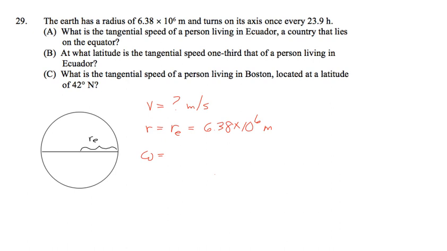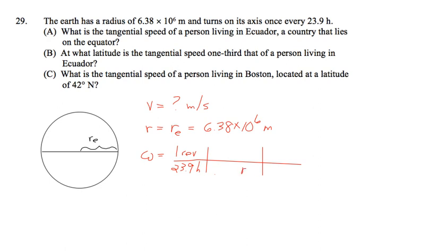So the omega in this problem, well, they're saying that the Earth turns on its axis once every 23.9 hours, which, we usually would just use 24 hours, but we'll use the number that they say here. So we're saying 1 rev every 23.9 hours, and we want to get that in what units? Radians per second.